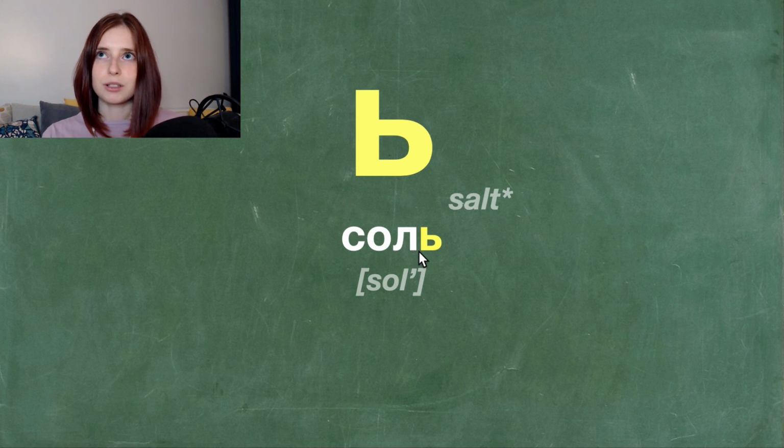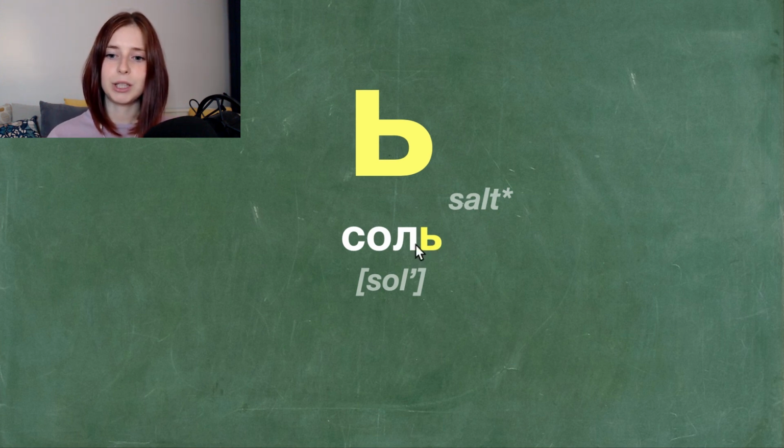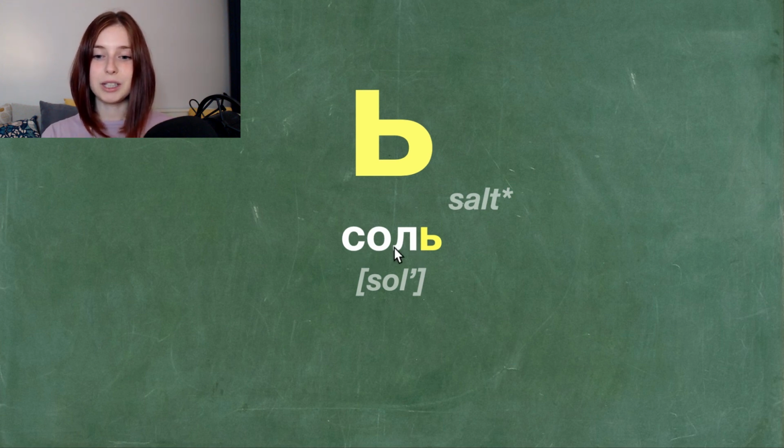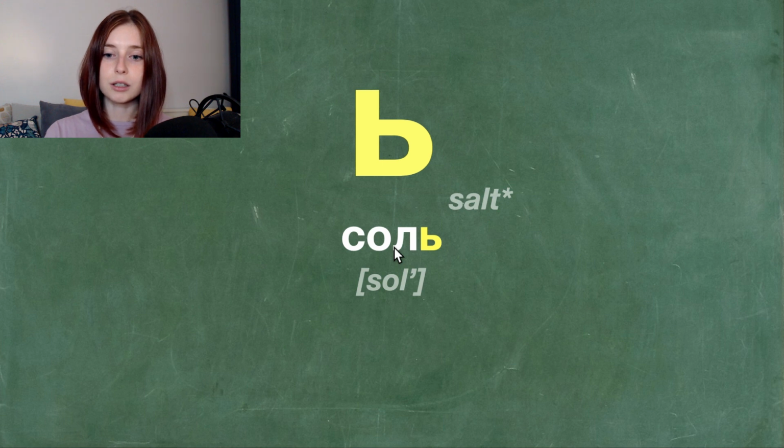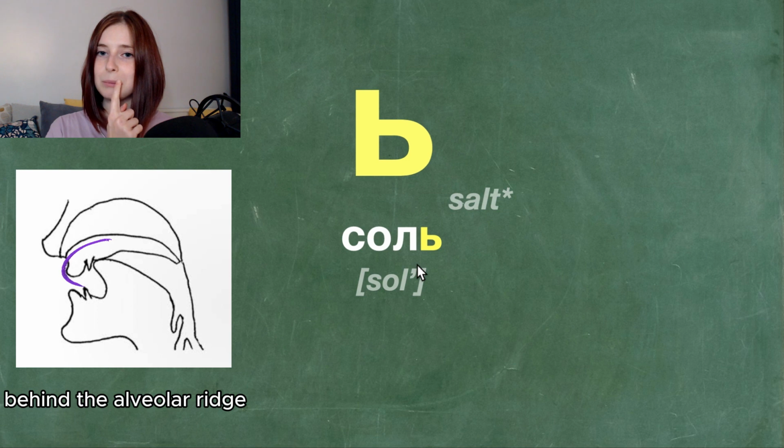To pronounce a letter with a soft sign, to make it soft, you have to make your mouth a certain way. You have to put your tongue in a certain position. If you read sol, your tongue is right here, right before your front teeth. And to say sol, you put your tongue a little bit behind it.